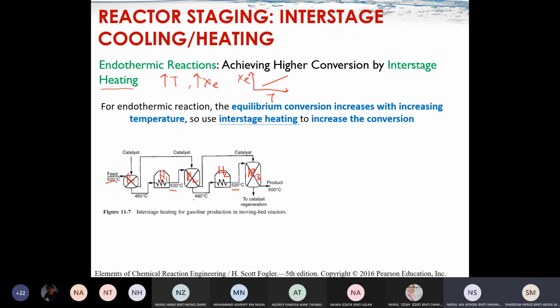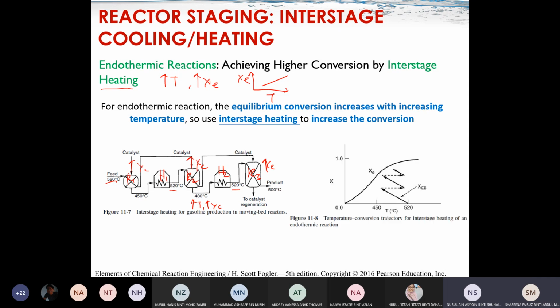The objective is to increase the temperature in order to increase the XE, so you have to heat up again to 420 in order to increase the XE here. So this is how the curve will look, it will become like this.